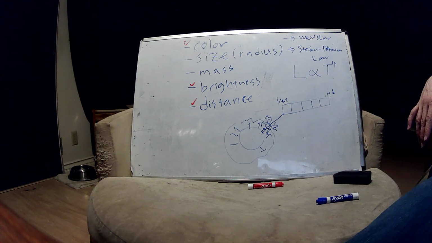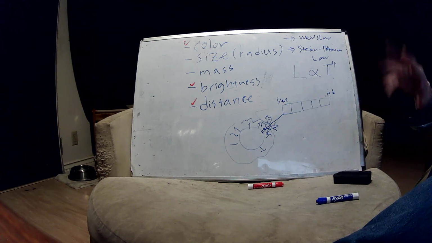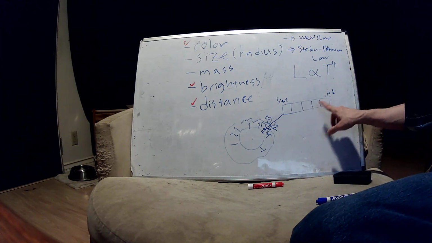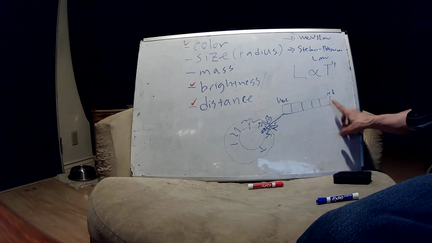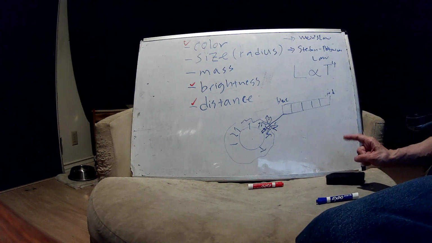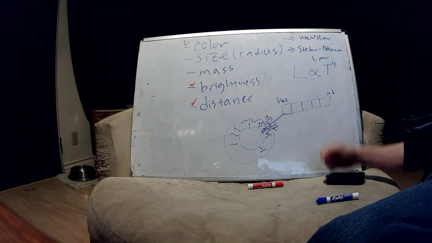However, let's say we look somewhere out into the universe and we see two stars. They're both red, and we know that they're both about the same distance. However, one of them is much, much brighter than the other. What can we conclude?